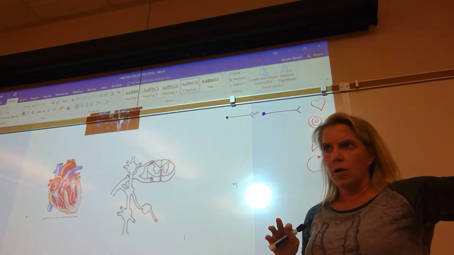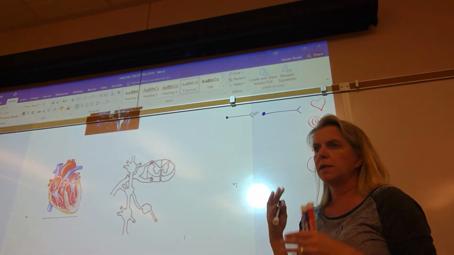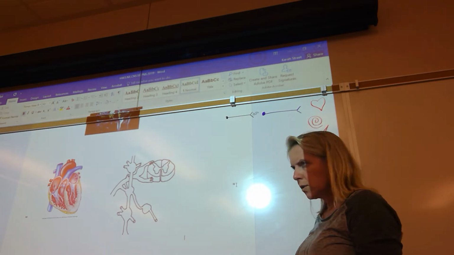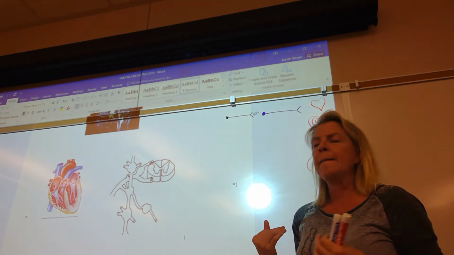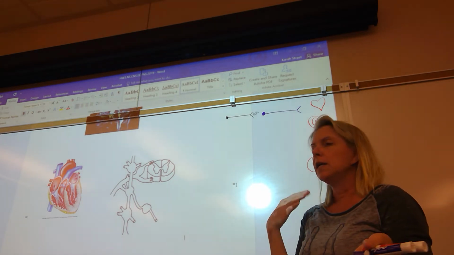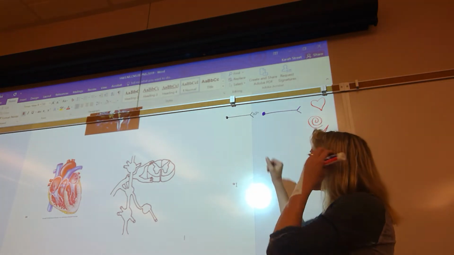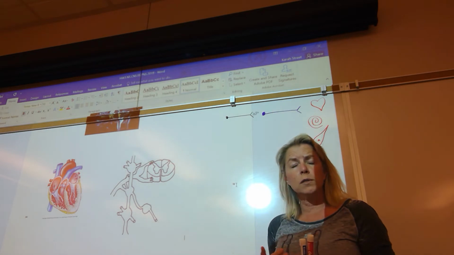A week ago, we had a little chalkboard talk where I said, if I say somatic, you say skeletal or conscious control, awareness of. If I say visceral, you say not aware, involuntary. So these 2 neurons are visceral.